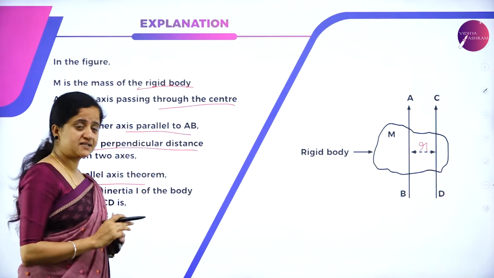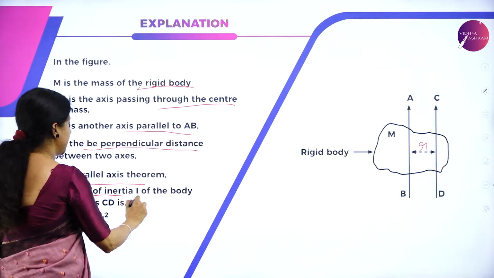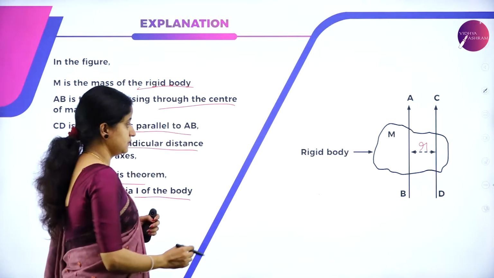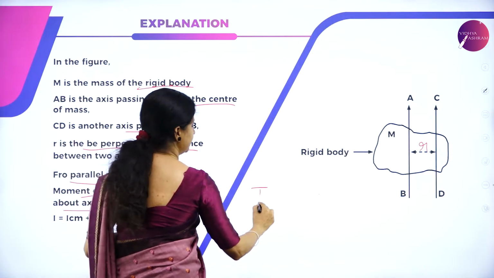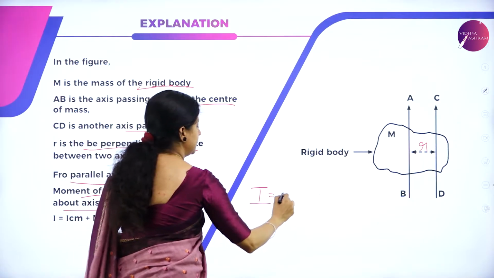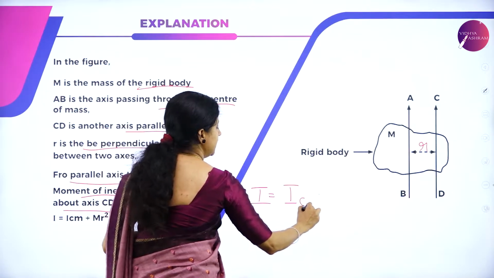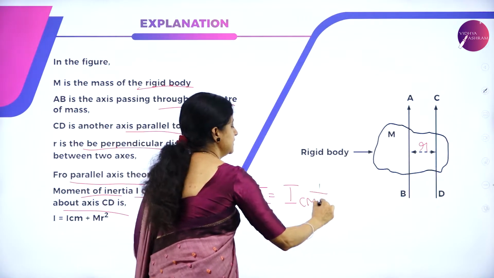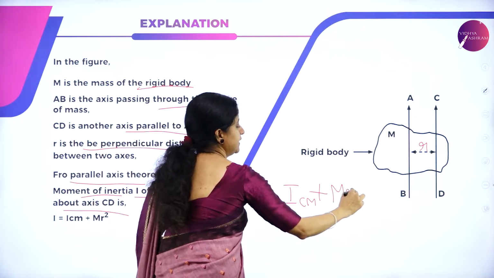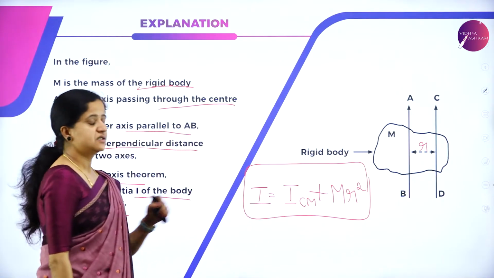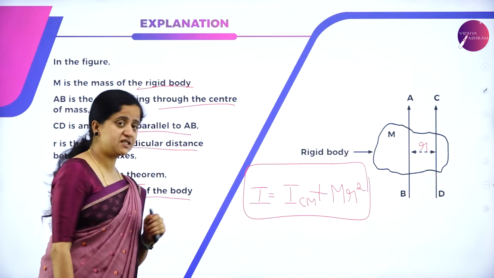So from the parallel axis theorem, the moment of inertia I of the body about the axis CD is equal to the inertia about the center of mass plus the mass of the body times the square of the perpendicular distance between the two axes. So this is how we can find the inertia.